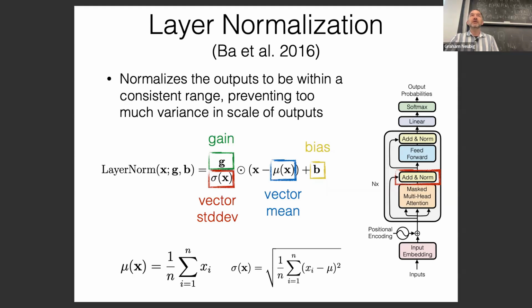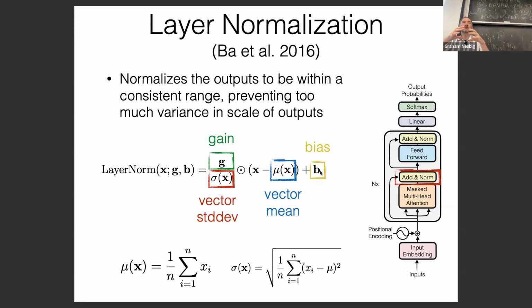The gain makes it possible to readjust the variance. Maybe we want the variance to be large, in which case we could have this gain and the variance would be large on average. And finally, the bias allows us to move back away from being zero-centered. So basically we pull things in to be zero-centered, and we make them have essentially unit standard deviation.